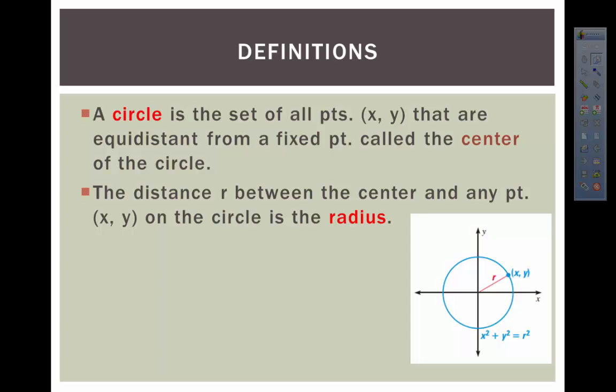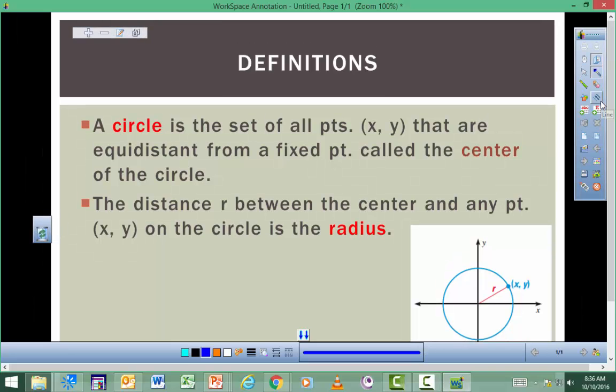basically what we do to get the equation of a circle is just to use the distance formula. If this is an arbitrary point on the circle, what's the distance? Let me get my pen going here. What would you say this distance is?